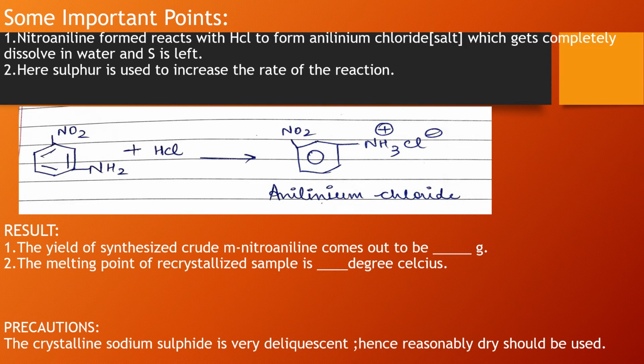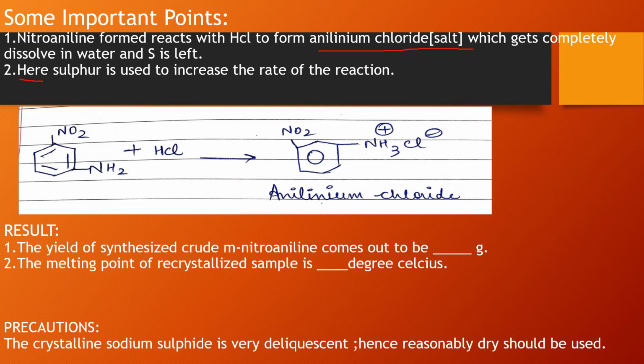Now, some important points. Nitroaniline formed reacts with HCl to form anilinium chloride, which is a salt, and hence gets completely dissolved in water and sulfur is left. So, anilinium chloride is a salt. Hence, in order to neutralize this salt, we have added the ammonia solution as mentioned in the procedure.